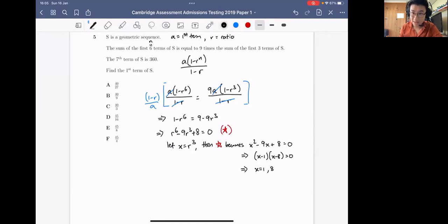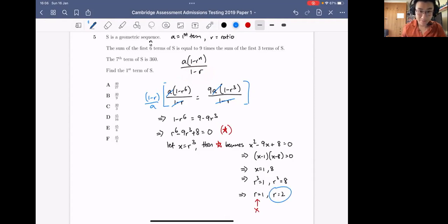But then that means r cubed is equal to 1 or r cubed is equal to 8. This means r is equal to 1 or r is equal to 2, but we know that r is not equal to 1, because if r was equal to 1, then if you substitute back into the original equation, you get undefined. Therefore, r is equal to 2.